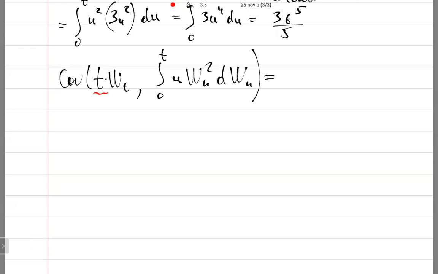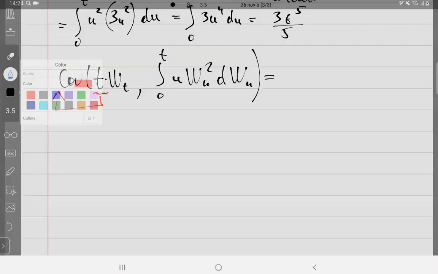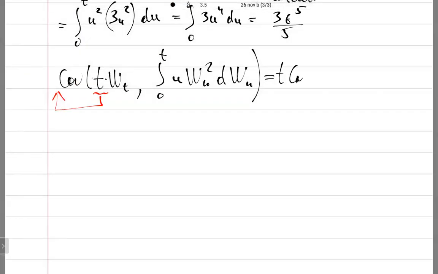It has nothing random, so I can just move it outside the covariance. Covariance of W_t and some integral, u dW. We have covariance in Ito's isometry.